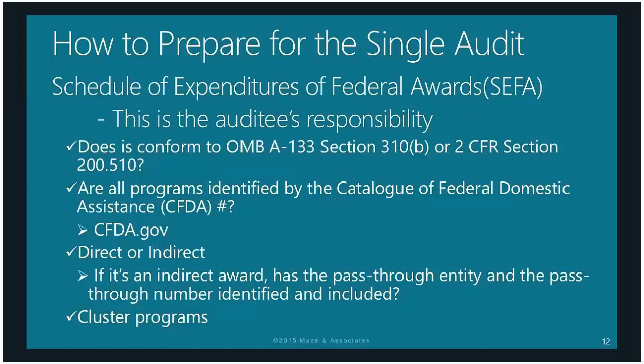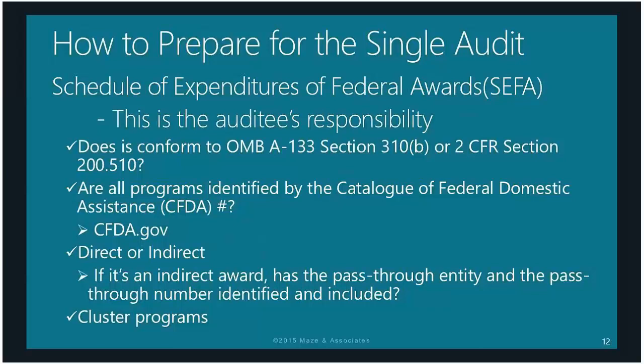Are all the programs identified by the Catalog of Federal Domestic Assistance number, or what we call a CFDA number? I know there are many instances where the CFDA number has been communicated, but the actual official title related to that CFDA is not provided, just maybe the project name.